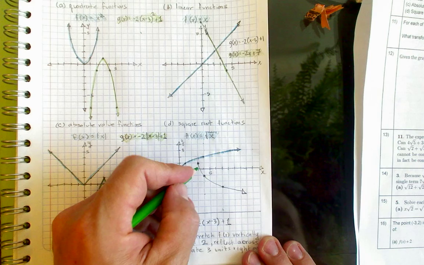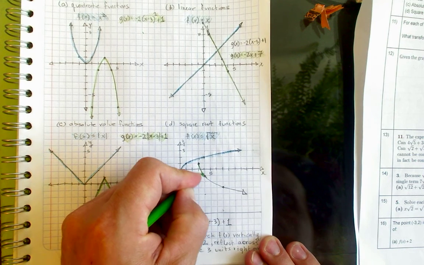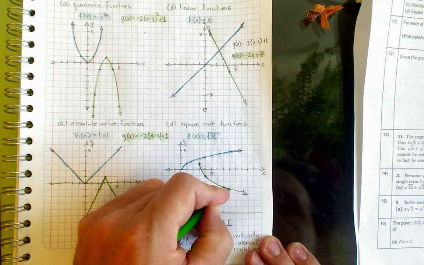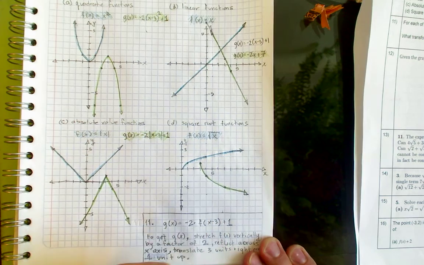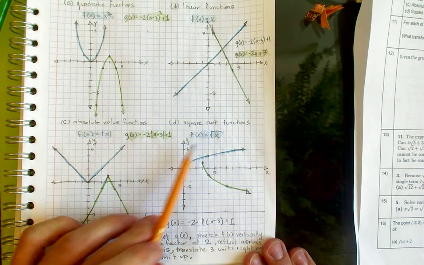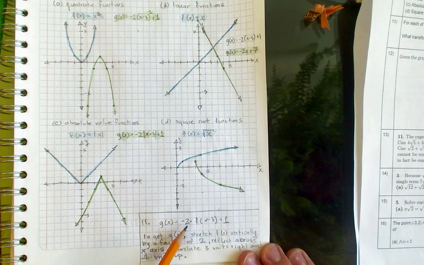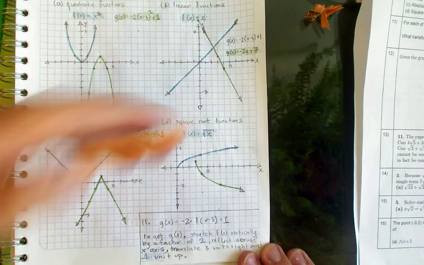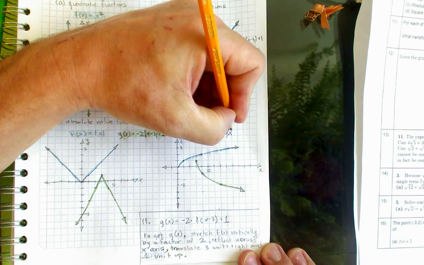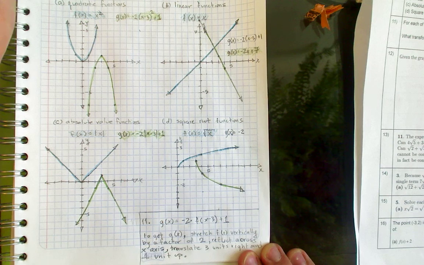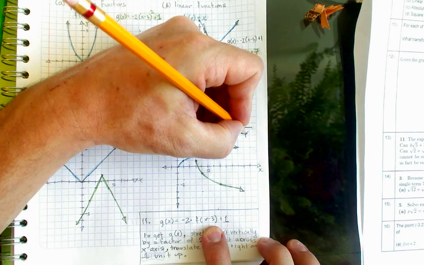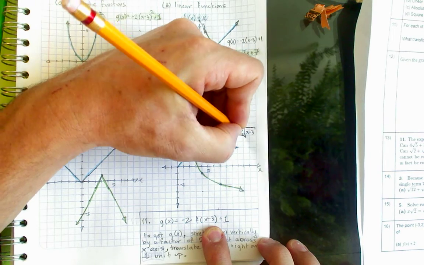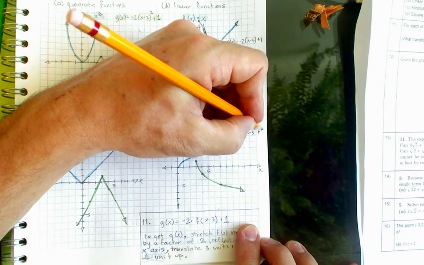This is an interesting function because it has an endpoint, because you can only take the square root of positive numbers and expect a real number result. If I apply this transformation to this equation, I'm going to get g of x is equal to -2 times f evaluated at x minus 3, which is going to be the square root of x minus 3, plus 1.